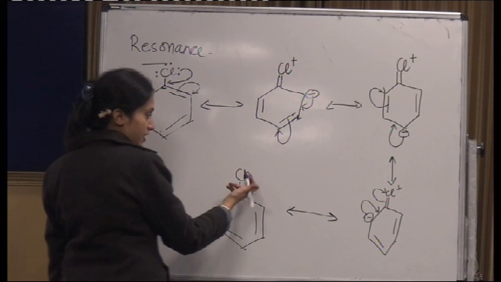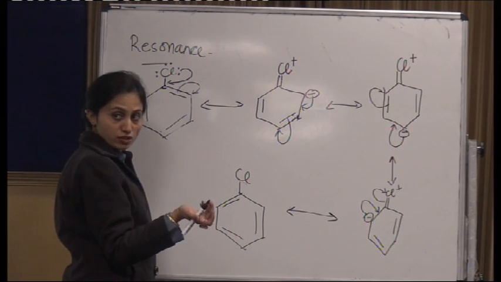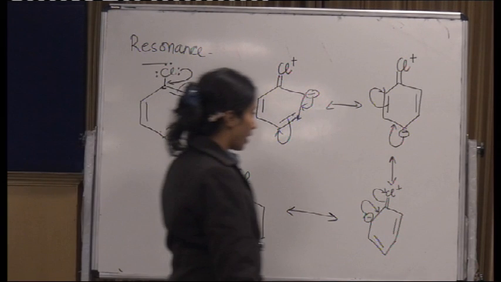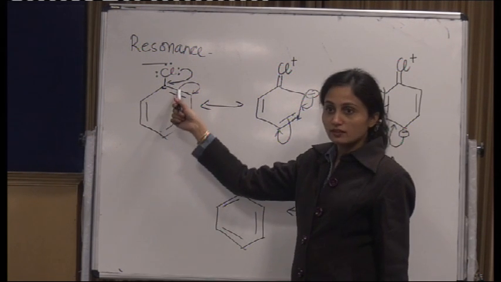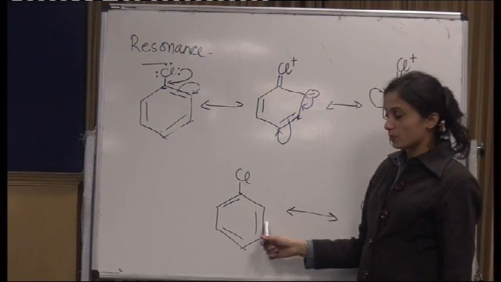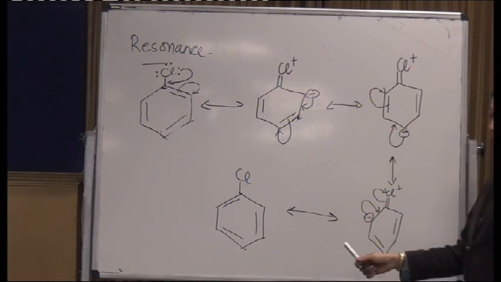Cl was positive, तो उसने when it took back the bond again it became negative, and positive negative neutral, so it became that. Now see, there is an alternation of bonds here. Earlier the bonds were here, now the bonds are in the alternate positions. So these are all the resonance stabilized structures.